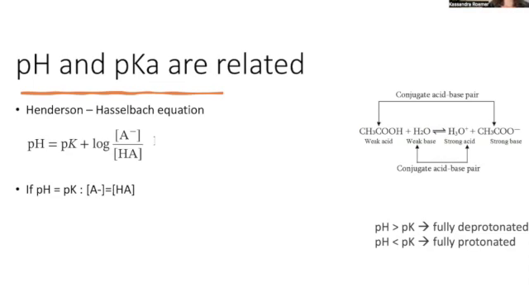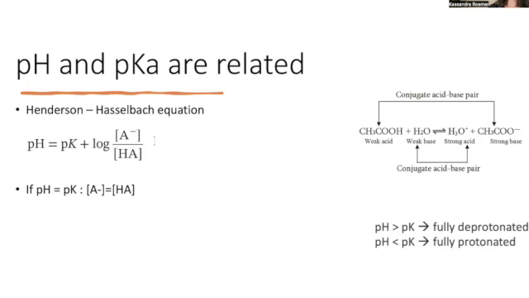So the pH of a solution can be calculated by the pK, so the log of the dissociation constant, added with the log of the conjugate base acid pair. And if the pH equals the pK value, then the concentration of conjugate base and conjugate acid is equal to each other.